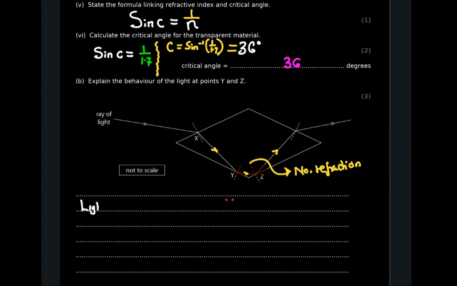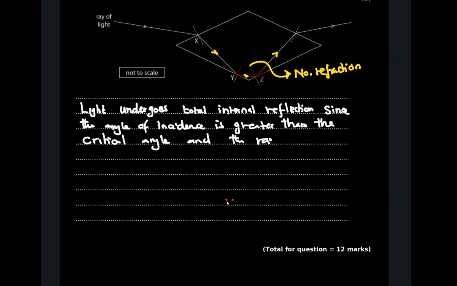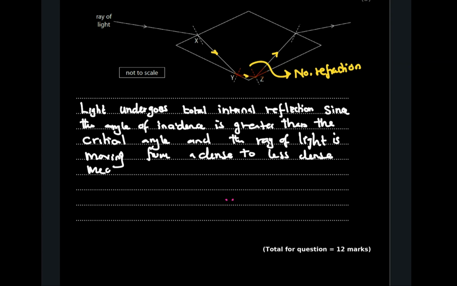So no refraction took place. So what happens? This behavior is light has undergone what we call total internal reflection, since the angle of incidence is greater than the critical angle, and the ray of light is moving from a dense medium to less dense medium. That's what you are supposed to respond at that point.